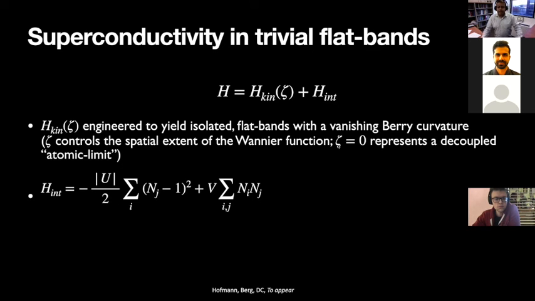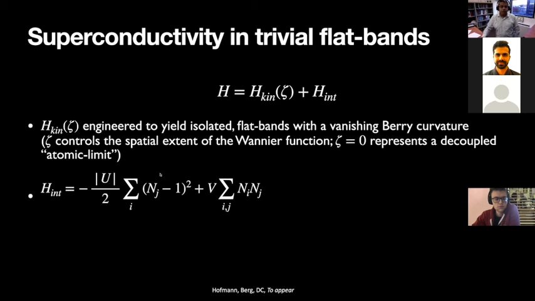And the good thing is that if you take the limit of zeta going to 0, that represents a completely decoupled problem, where basically the lattice falls apart and you just have a bunch of decoupled sites. The interaction is again going to be the same because I want to compare my analytical understanding with these Monte Carlo calculations.